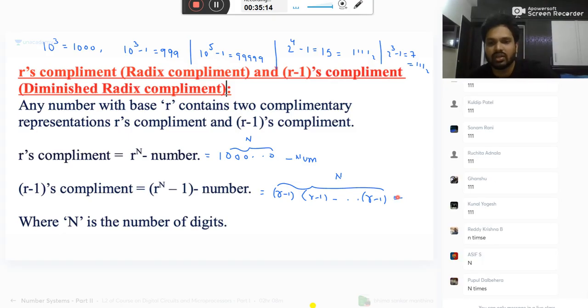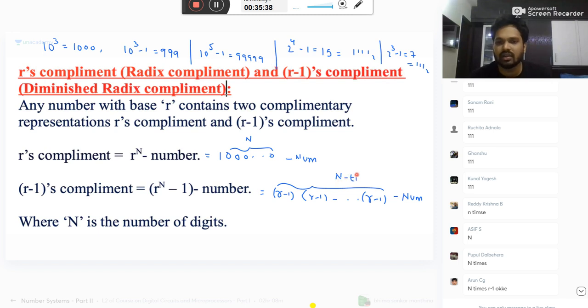The formula looks complex, don't worry, it is very easy to calculate. Suppose r is the base. If the base is 10, it is 9999 minus number. If the base is 2, 2 minus 1 is 1, so 1111 minus number. How many times? N times, where n is the number of digits. A 5-digit number, n is 5. A 6-digit number, n is 6.